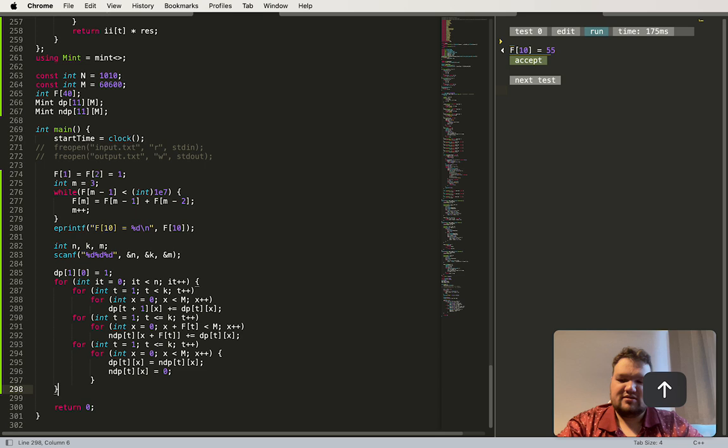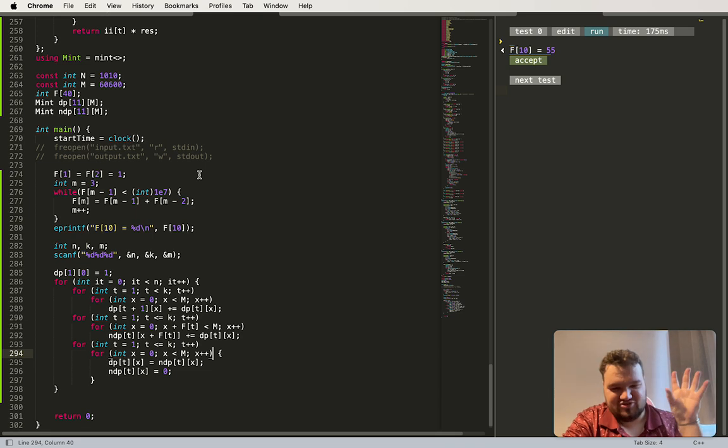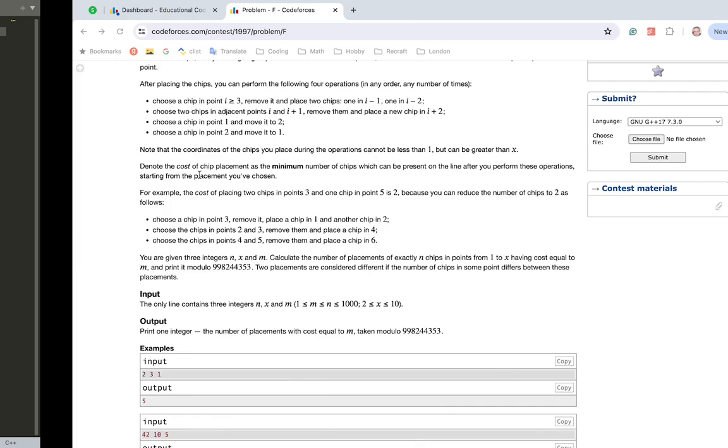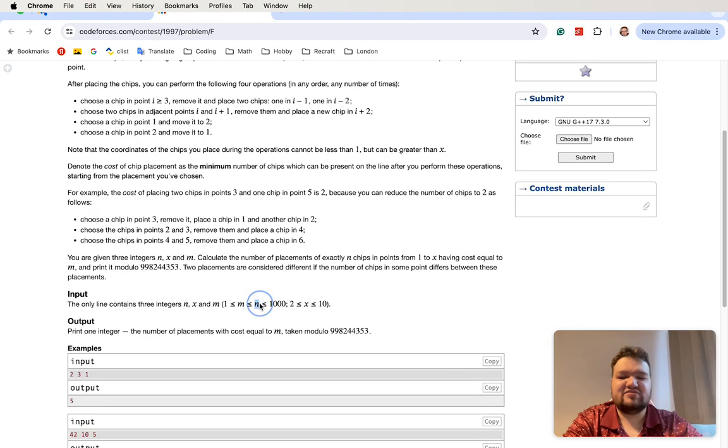Alright, so I have calculated the dynamic programming. It works in time n times 10 times the maximum sum I can get, which is 1000 times the 10th Fibonacci number. So in terms of input values, it's n squared times x times Fibonacci x, which is just 55, but in terms of dependence on x, it's exponential.